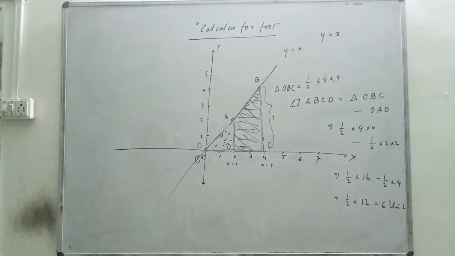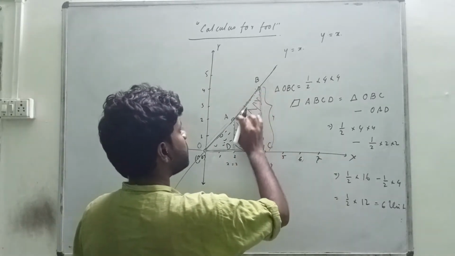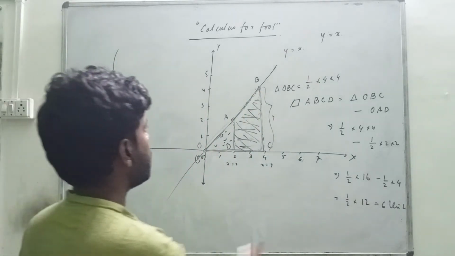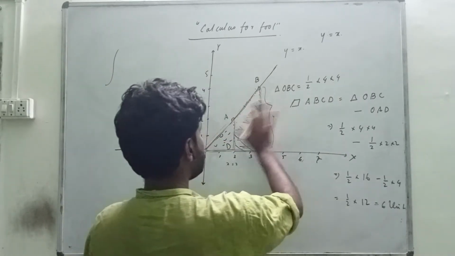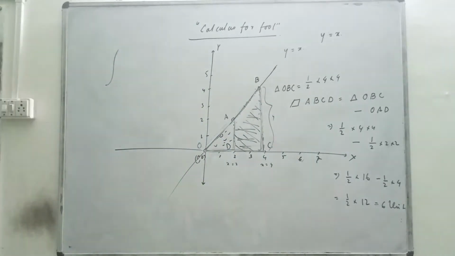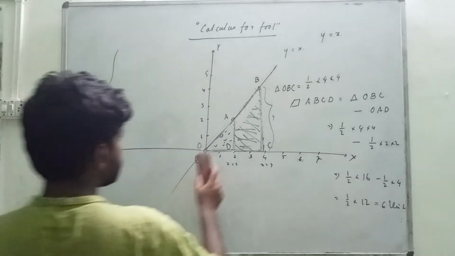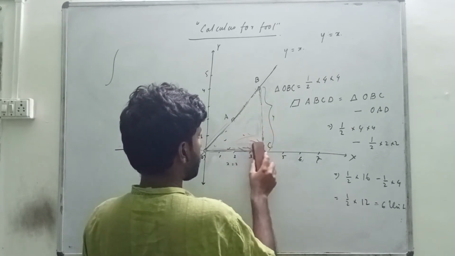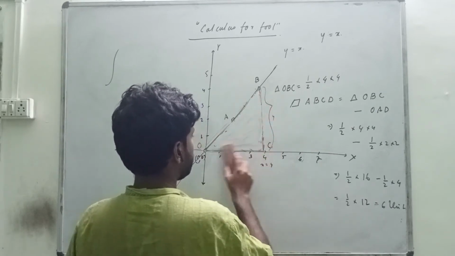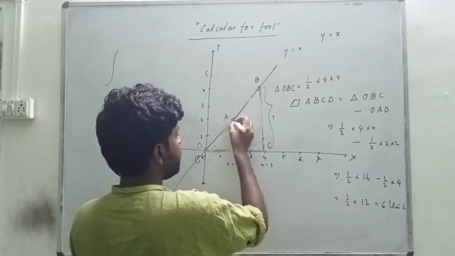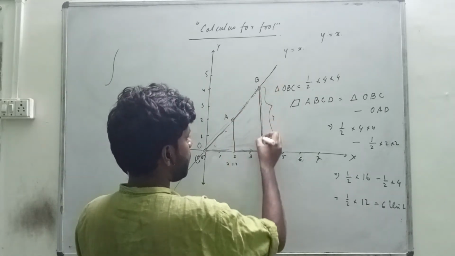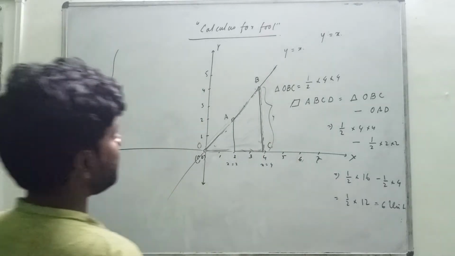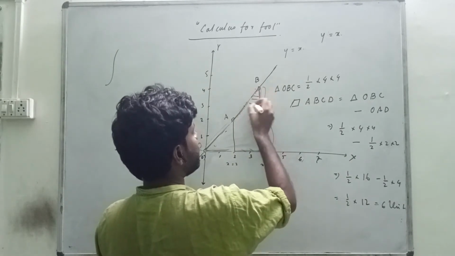sum of, right? Sum of the integrals, right? So I just erase all of this. And I have to calculate this area, right? Okay. So obviously, this is a big area, right?